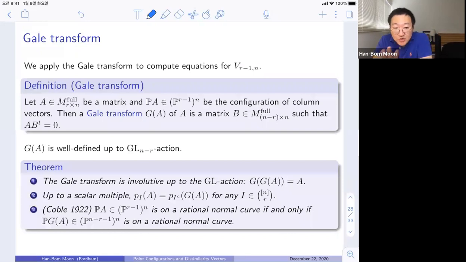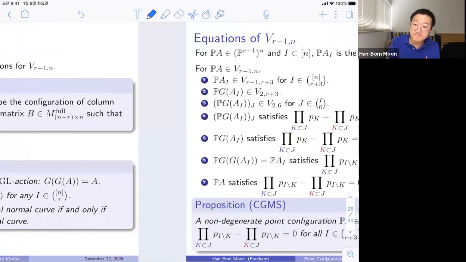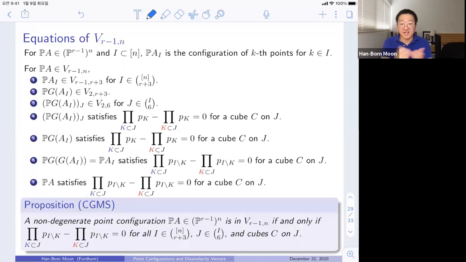We are going to use these three facts to construct many equations to define V_{r-1,n}. Here is the recipe. We start from a point configuration P_A.